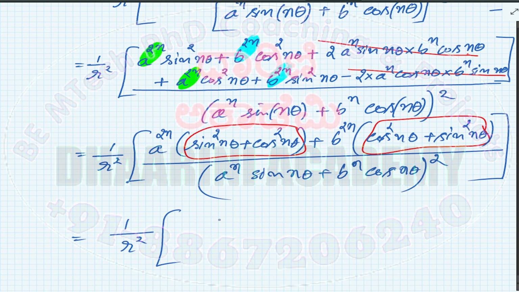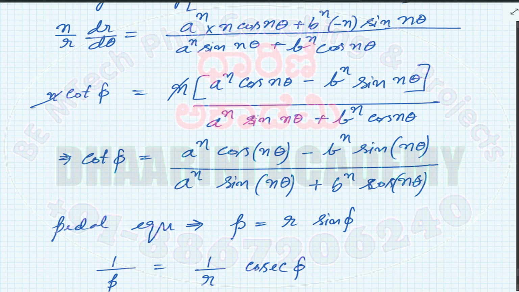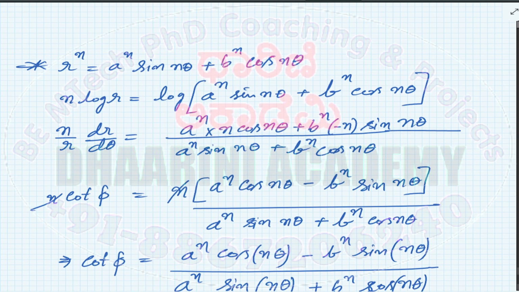In the numerator, I have a to the 2n plus b to the 2n divided by, look at the given function. The given function says wherever you see this term, a to the n sine plus b to the n cos, you can simply write it as r to the n.